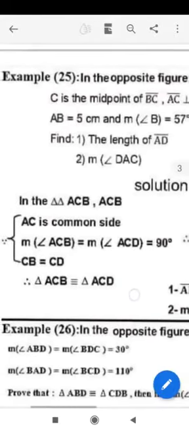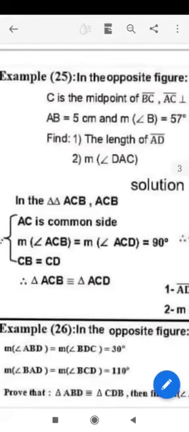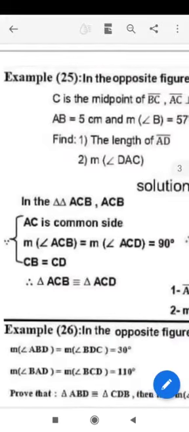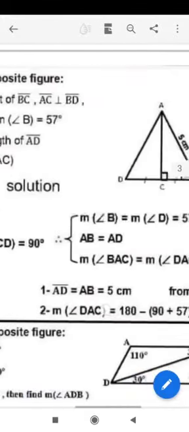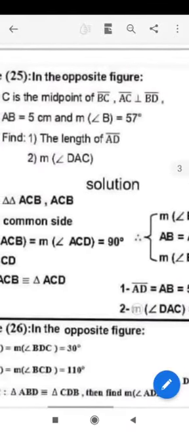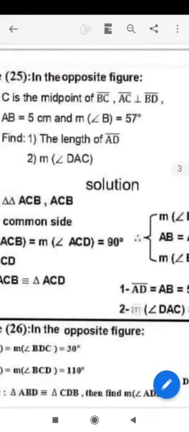Solution: we use congruence. We have two right angled triangles. Now the proof will be in the two triangles ACB and ACD. It's just a mistake in writing, sorry.